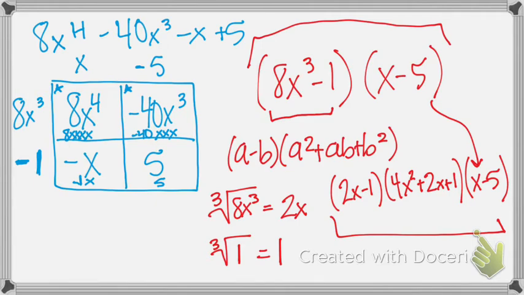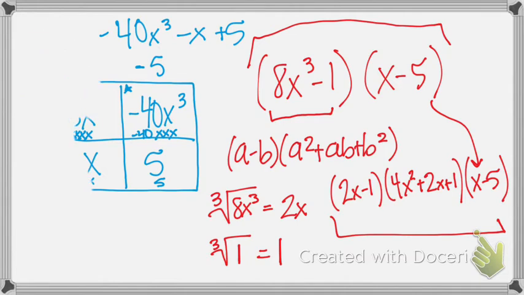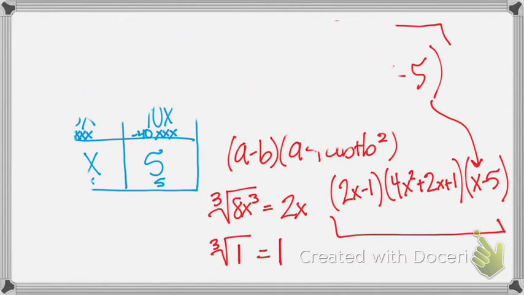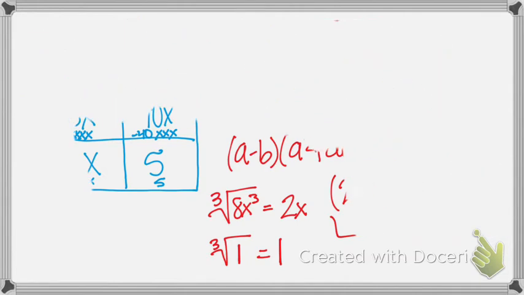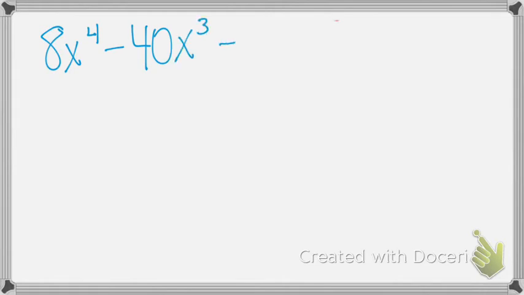Alright, so now if I do it by grouping, which is so much easier, I think. 8x4 minus 40x3 minus x plus 5. So remember, we group the first two terms.